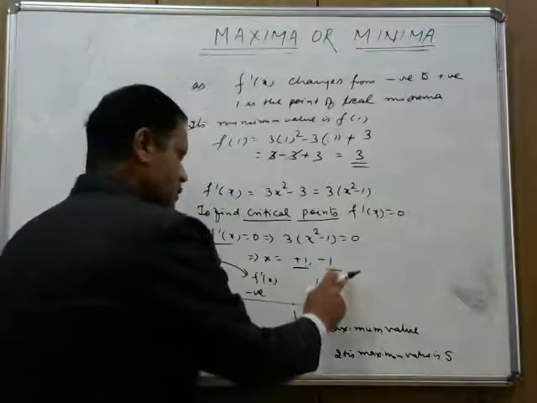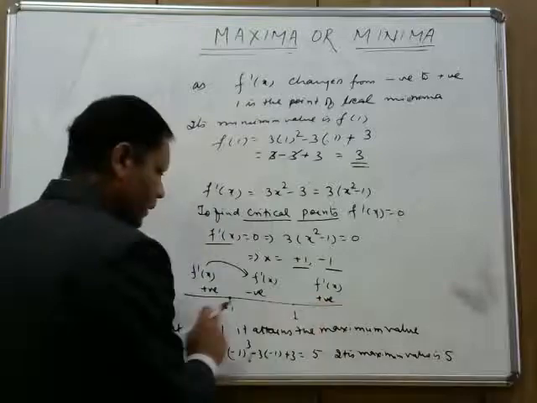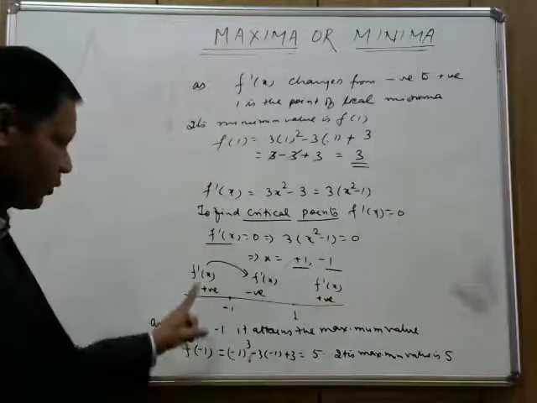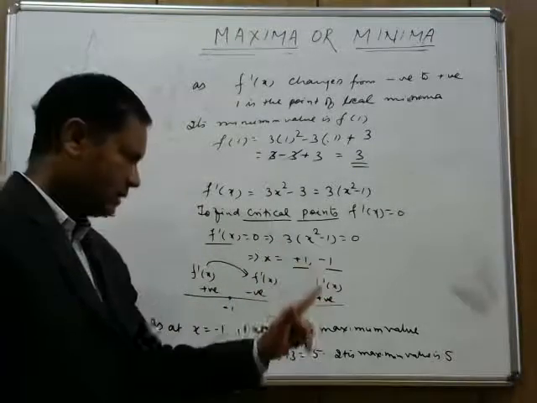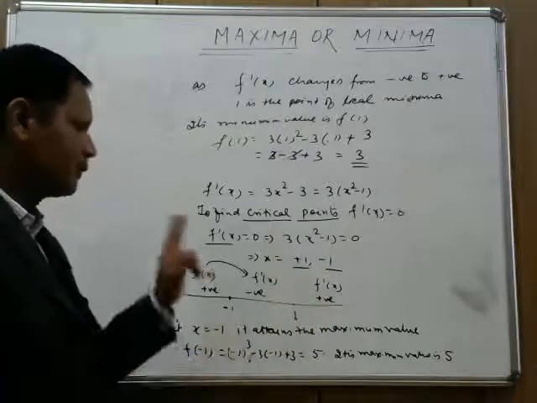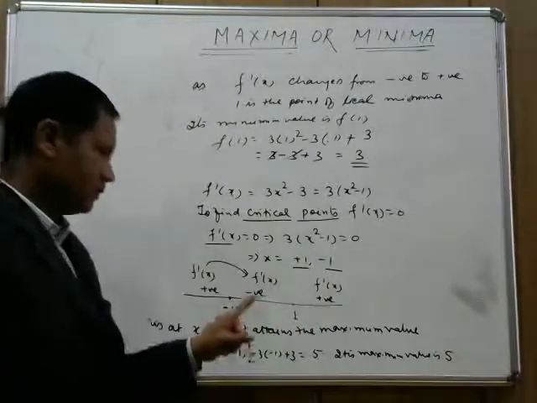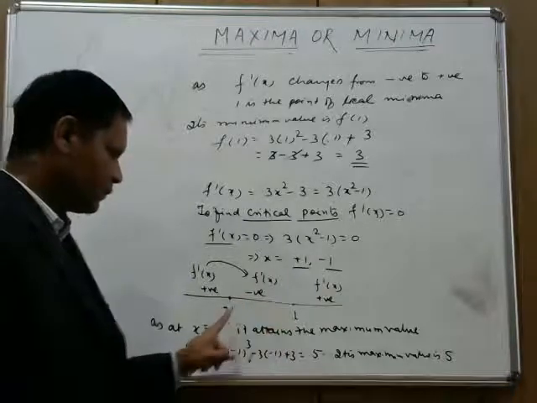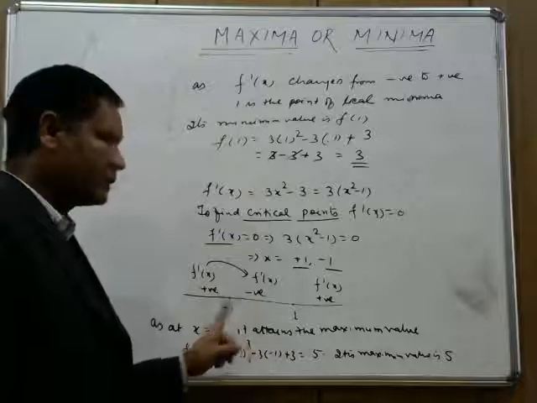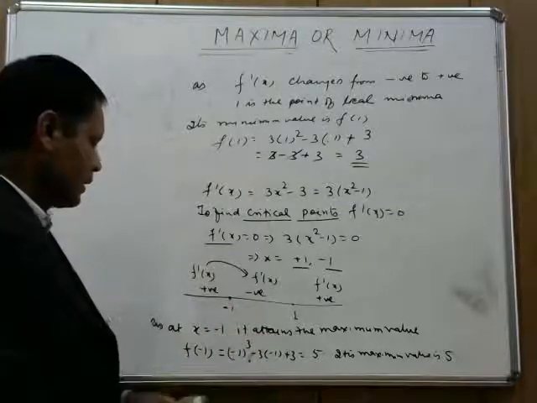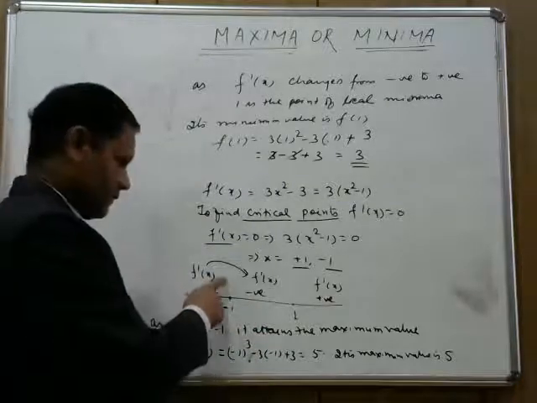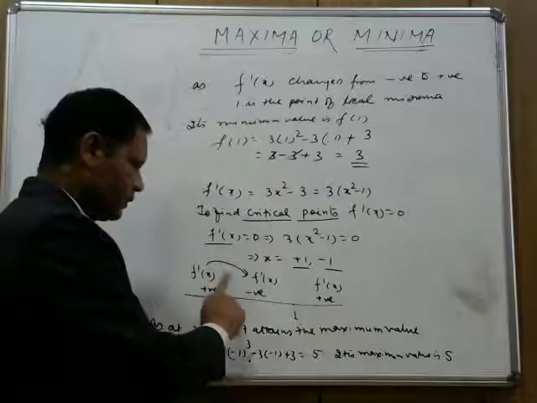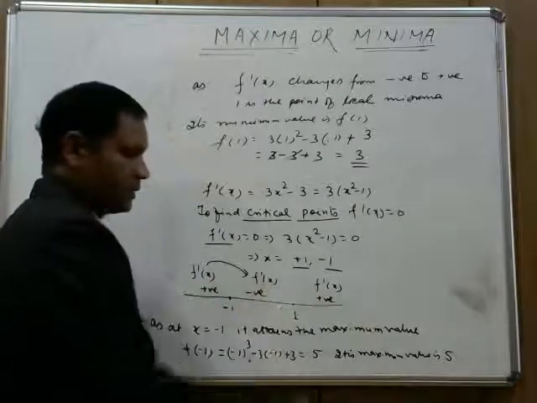Now this C1 and C2, please allocate them on the number line. After allocating on the number line, just take a value before that point and after it. Suppose here I have taken minus 1 and here we have got 1. Before minus 1 and after minus 1, check the value of f dash of x, whether it is changing from negative to positive or positive to negative.